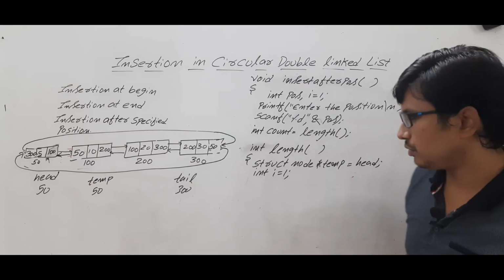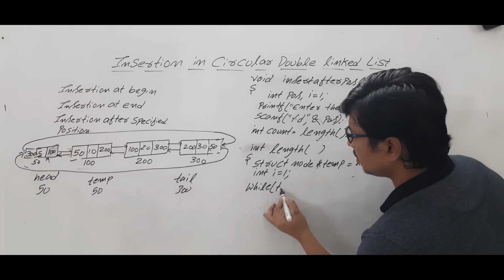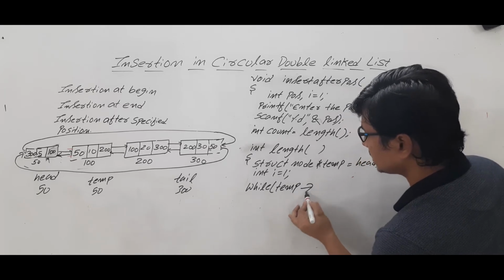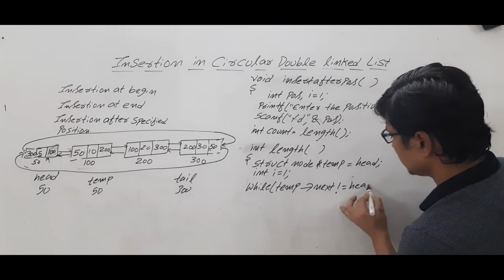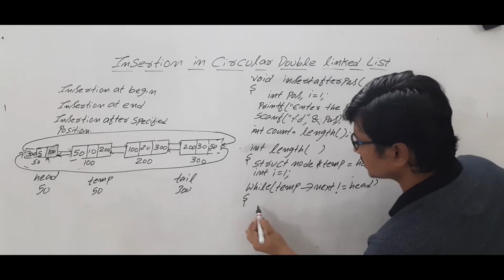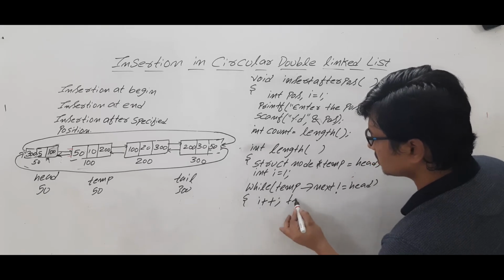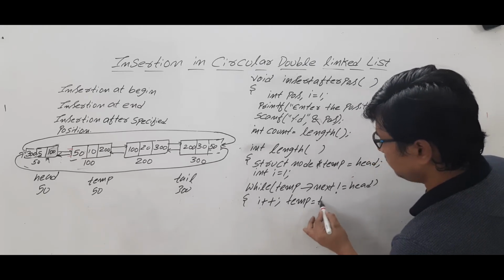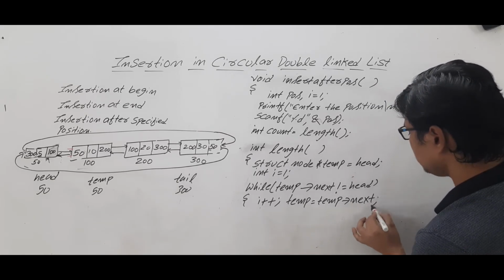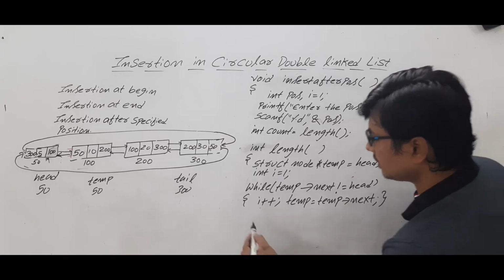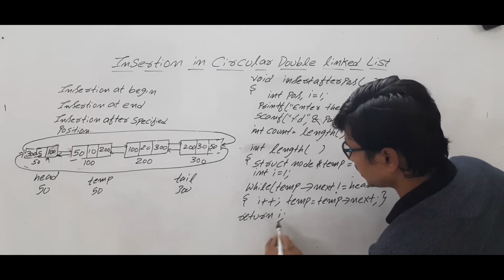Now what I have to do: while temp of next is not equal to head, I need to increment i, i plus plus, temp is equal to temp of next. Then I will return the i value and close it.